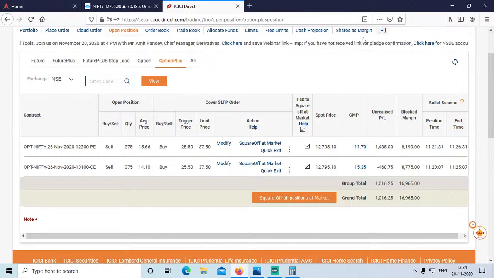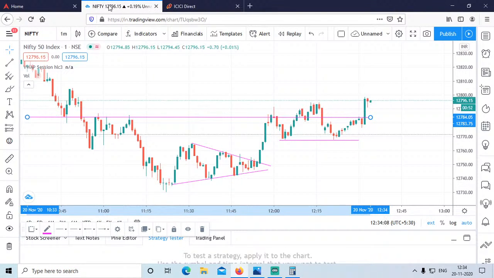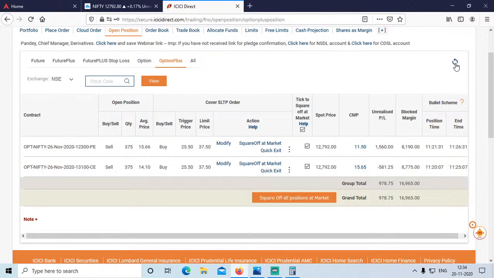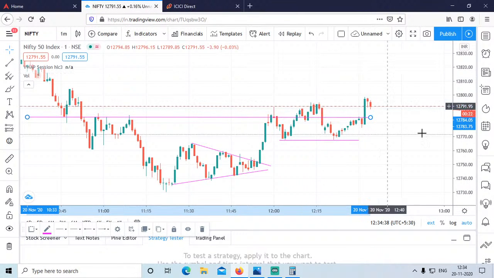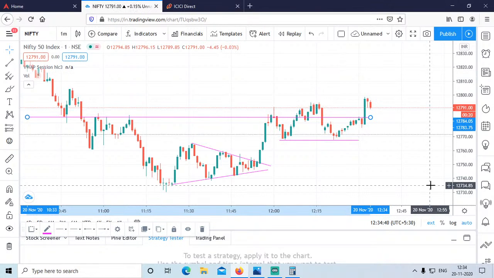When the market goes up suddenly or goes down suddenly, the reflection in the option price may take 1 or 2 minutes. Due to that, when we refresh from a profit of 1000 rupees, it reduced to 880, then 900. But when the market settles and is stable, the profit will be stable.